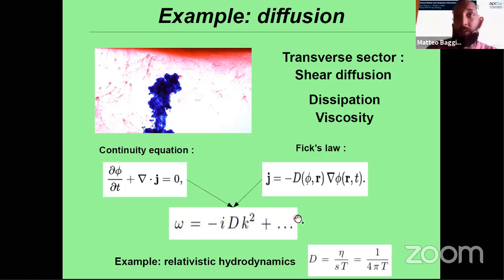And the typical example is relativistic hydrodynamics. In relativistic hydrodynamics this is happening, and the diffusion constant is actually set by the ratio of the viscosity to the entropy, and in simple systems like conformal systems it is just the inverse of the temperature, because the temperature is the only scale available.